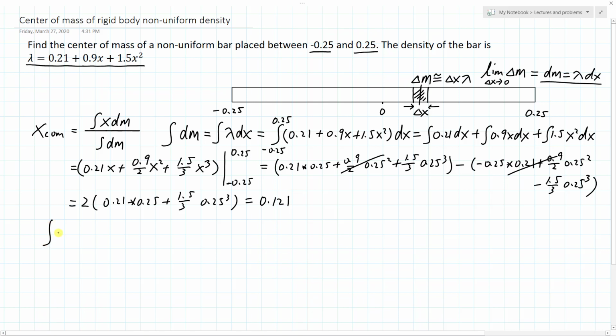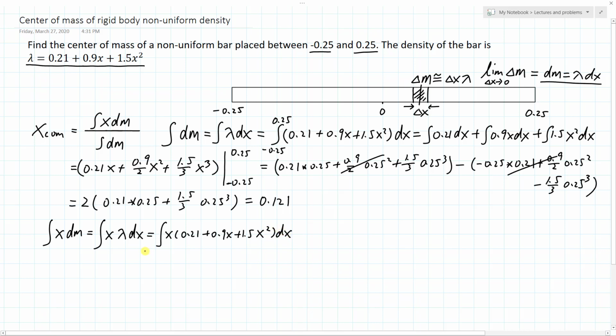The next integral is the integration of x dm. This turns into x times lambda dx, so x times 0.21 plus 0.9x plus 1.5 x squared dx.